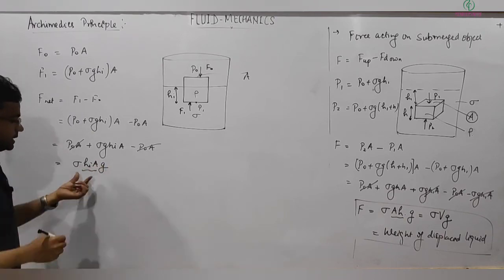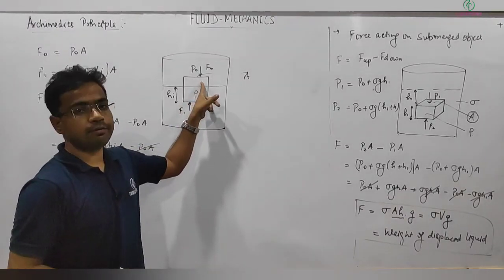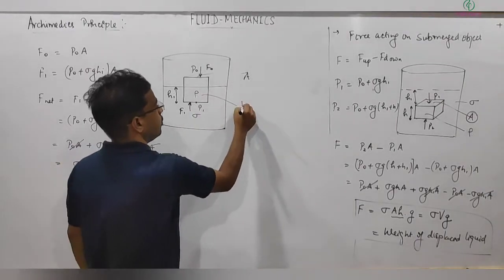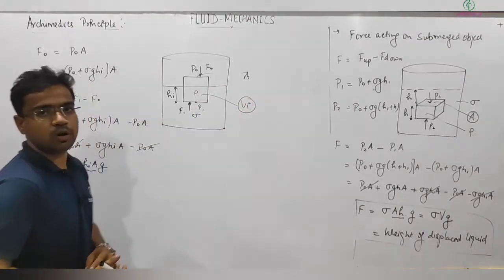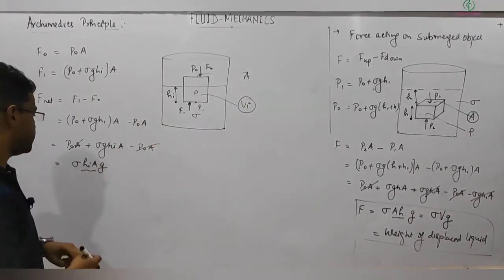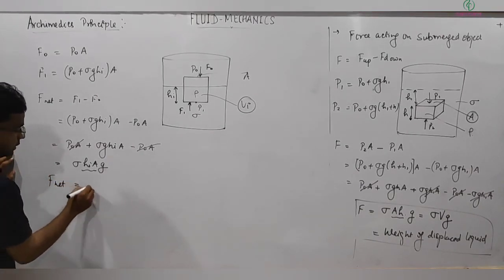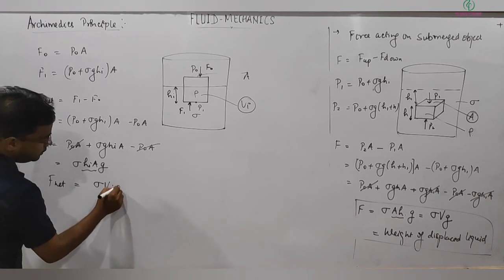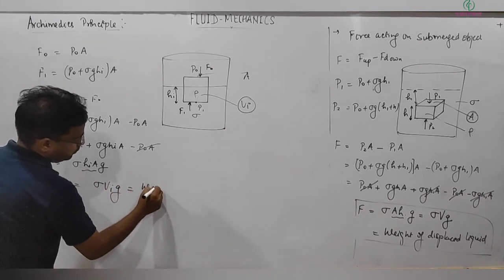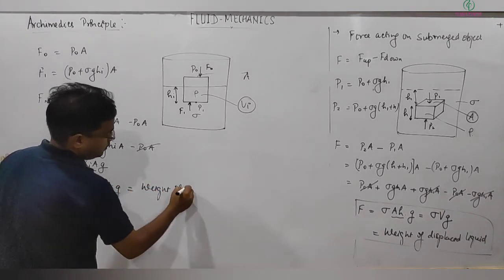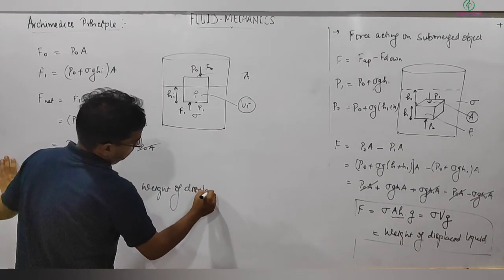Now hi into the area of cross section is the immersed volume, the part of the volume which is submerged. So this F net upward comes out to be rho into Vi into g, which is also equal to the weight of the displaced liquid.